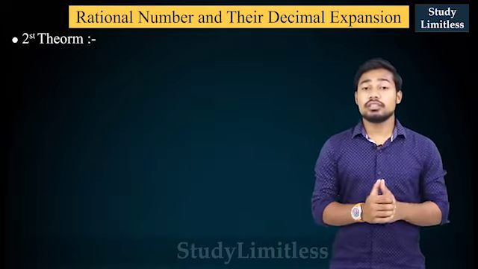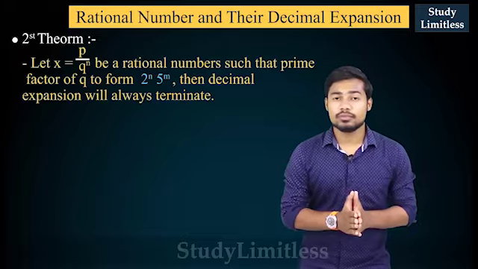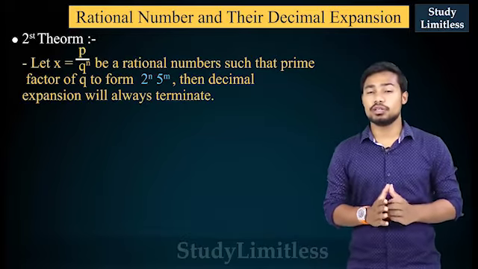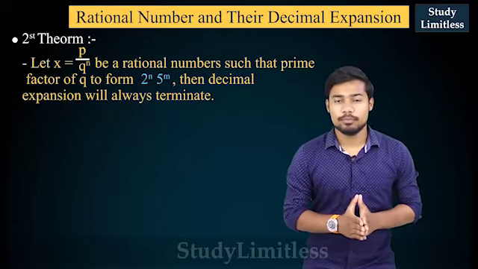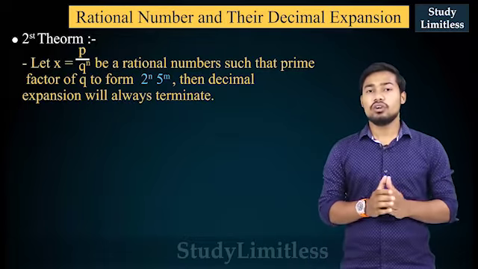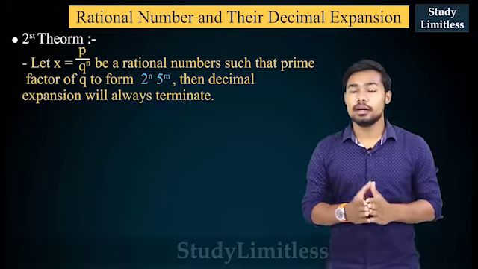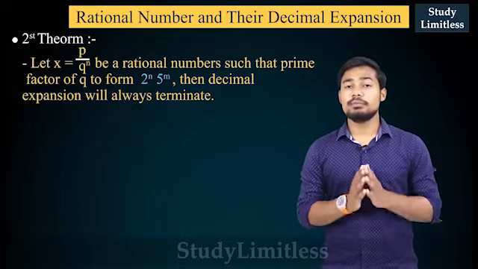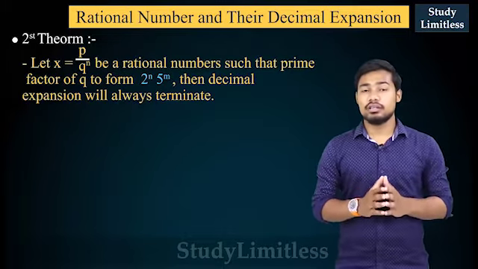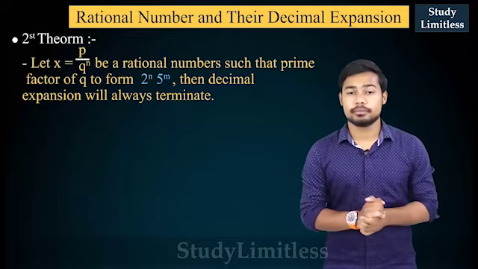So here we have the second theorem which says that let x is equal to p by q be a rational number and the prime factorization of q be of the form 2 to the power n into 5 to the power m. Then the decimal expansion of this rational number will always terminate.